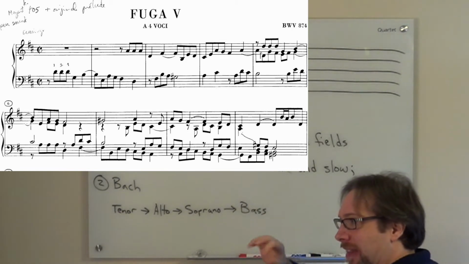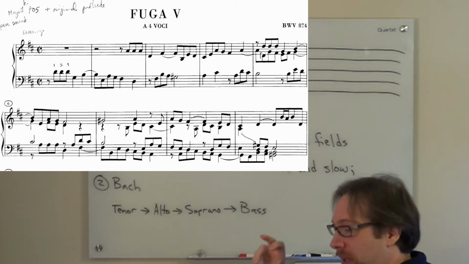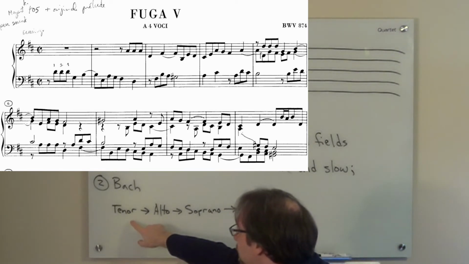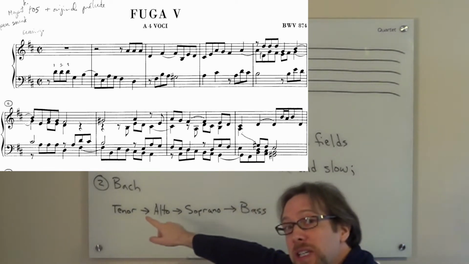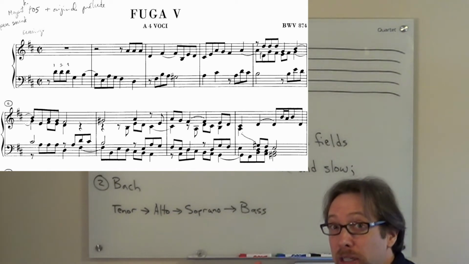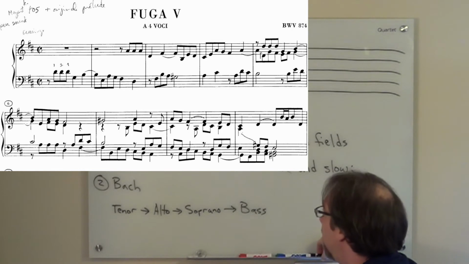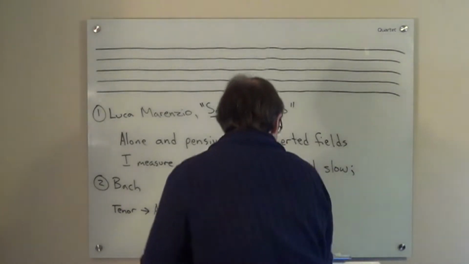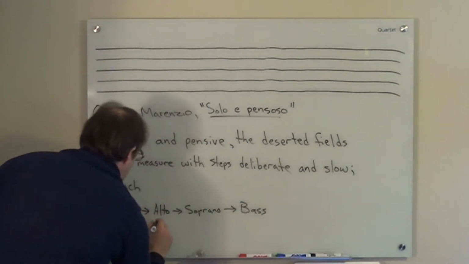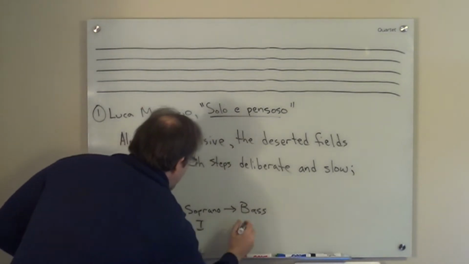It's at a different pitch level. Typically the first statement of the subject is at the level of the tonic, the key of 1. The second is in the dominant, and then it goes back to 1, and then back to the dominant.